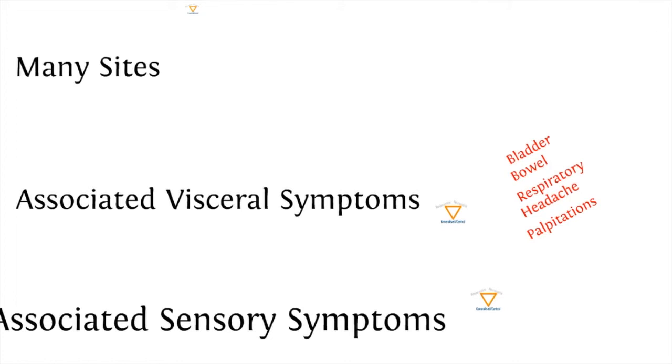So these patients can have these other visceral symptoms, sometimes contemporaneous with some of these somatic pains we're talking about, and sometimes prior to presentation with this type of pain or injury.